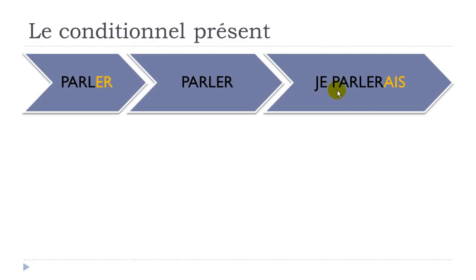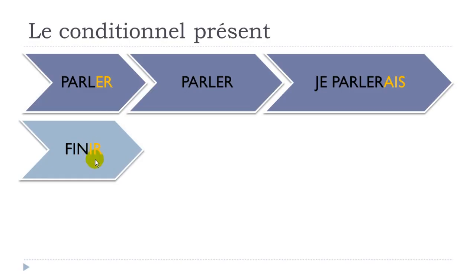And for je, the ending will be AIS, okay? So you don't need to modify your infinitive form. The basic form is like that, it goes there, and right after you just add the ending AIS, and you get je parlerai, all right? So it's quite simple. Second group, so verbs ending with IR.